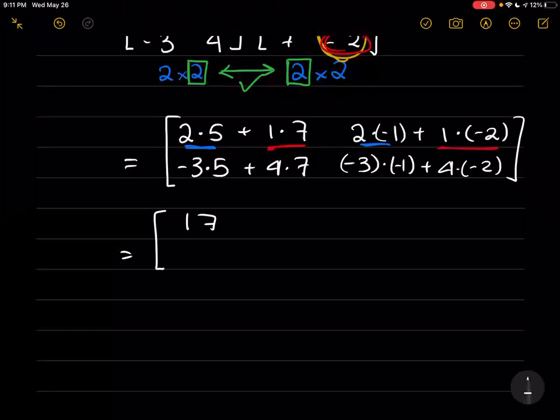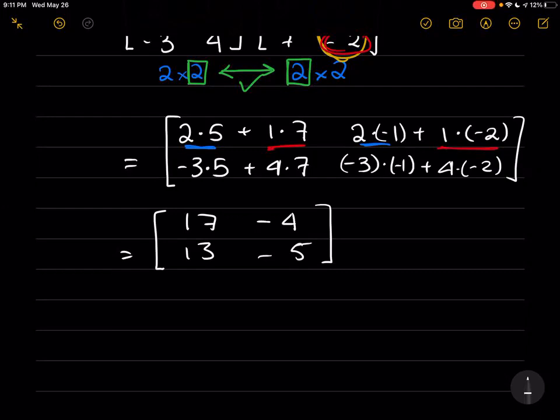And then for the entry below that, -3 times 5, this can be -15, plus 4 times 7 is 28, if I'm not mistaken. And I think that works out to be 13. And then we get -2 minus 2, so this can be -4. And then we get -3 times -1, that's +3, plus 4 times -2, that's going to be -5.